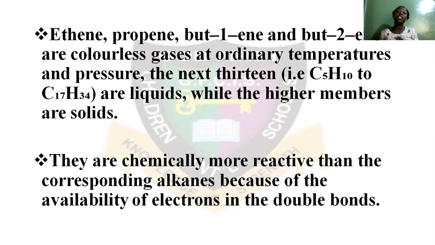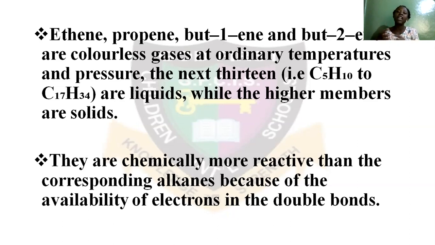Now, because of the presence of the double bond, they are chemically more reactive than their corresponding alkanes. There is a presence of electrons in those double bonds. That's why they are chemically more reactive than the corresponding alkanes, because of the availability of electrons in the double bond.